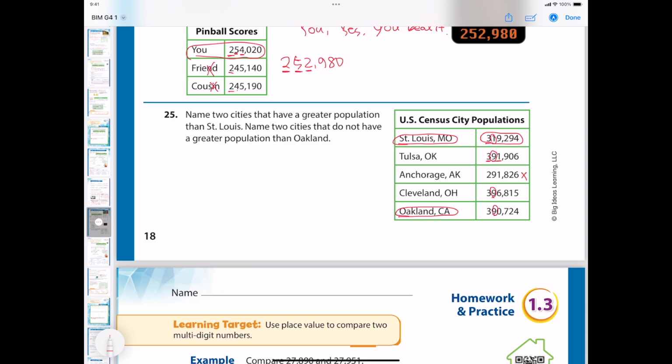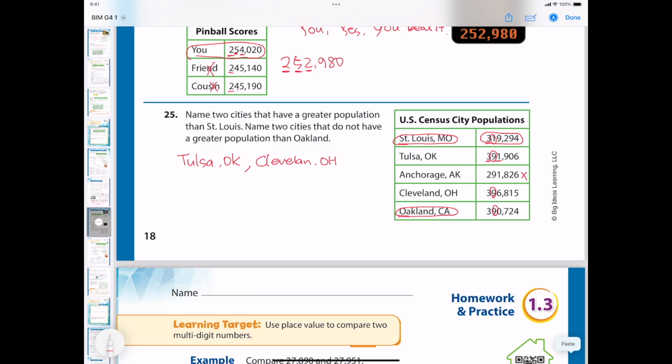Okay, so we can name them what? I can say Tulsa, and Cleveland. Okay, they have greater population than St. Louis. What about the less? Name two cities that do not have a greater population than Oakland, which is lesser population than Oakland.